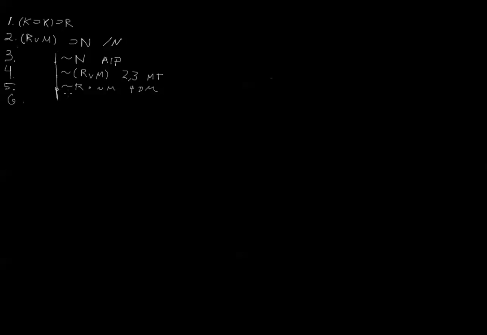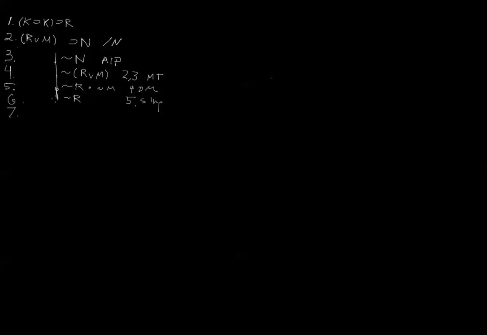Anyway, so now we have not R and not M. What else can we do? So look at premise 1. Well, by now you should know this. We can see not R. Not R, we have this from 5, simplification. See how bad that handwriting is? Okay.